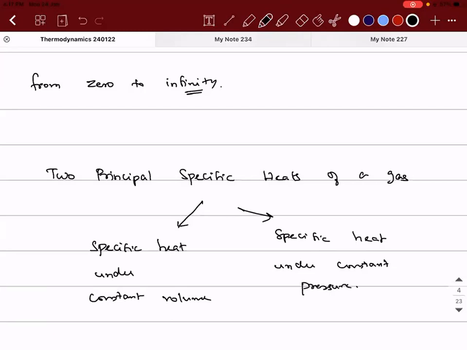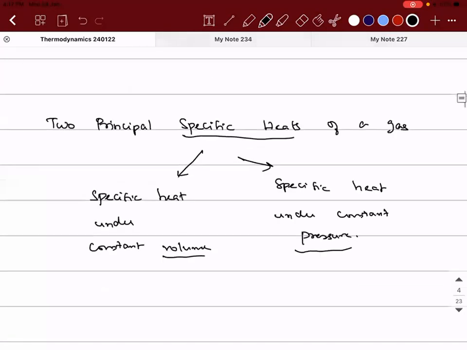Because when I talk about specific heat, I'm very clear that my temperature has to change. So you can change the temperature of the system either by maintaining the system at a constant volume condition or at a constant pressure condition. So this is the basic introduction with respect to specific heats of an ideal gas. What do these heats mean under constant volume and constant pressure? We will see next.